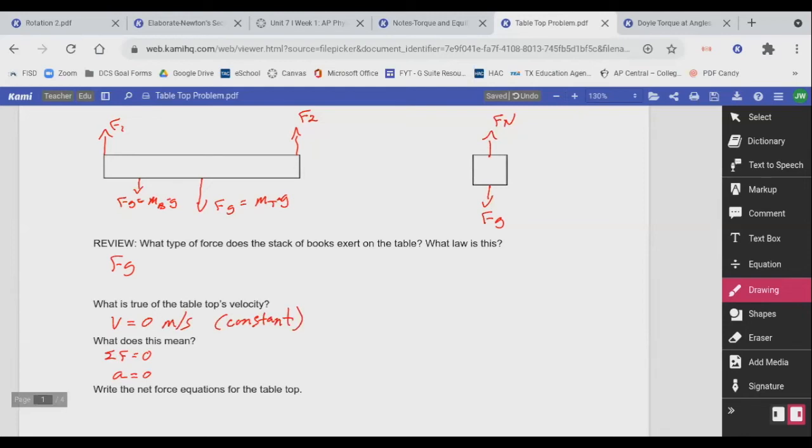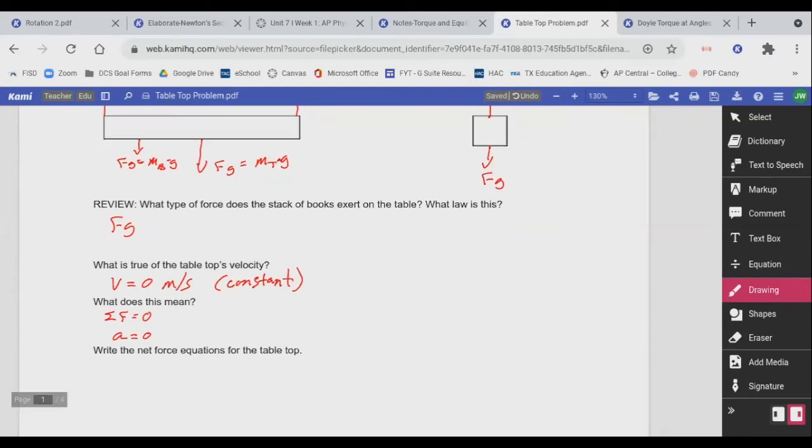Okay. And just to keep things easy for me when I'm writing this out, when I refer to Fg for this problem, I'm going to call this one Fg, and I'm going to call this one force of the books, FB. Because when I see B, I'm going to know that means books.